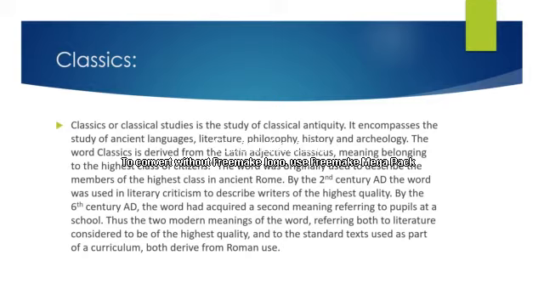These are the two modern meanings of the word classics: literature of the highest quality, and the standard text used as part of the curriculum.